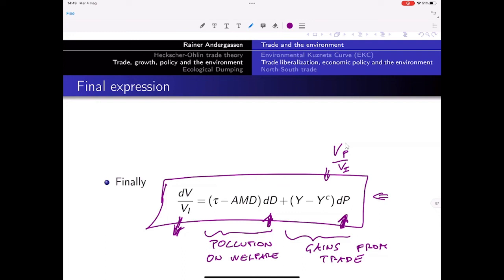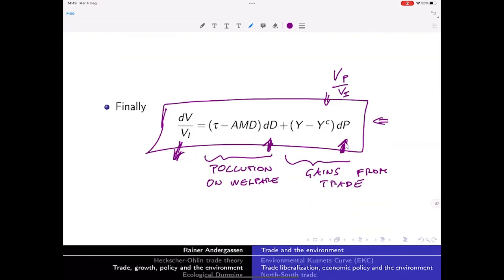So we always take direct and indirect effects into account. This is everything that happens in the economy, in a general economic equilibrium framework, taking all the effects into account. Now let's interpret these, and then I'm going to stop.